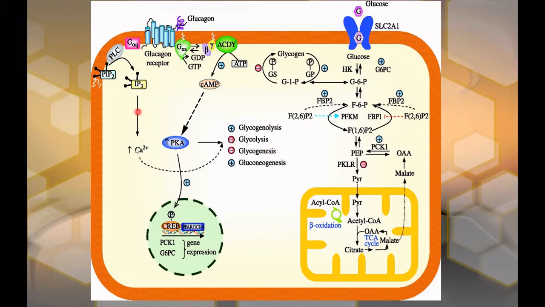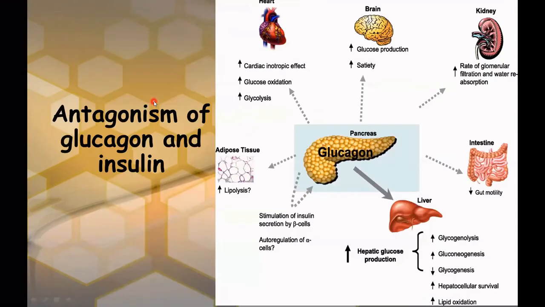So this is what is being explained over here. So this is regarding the functions of glucagon, and you know that glucagon is antagonistic to insulin. So whatever insulin's function is, glucagon's function is the exact opposite.